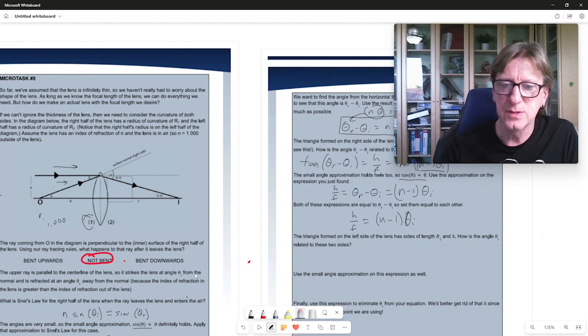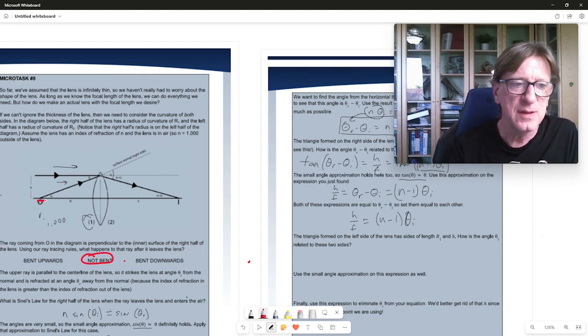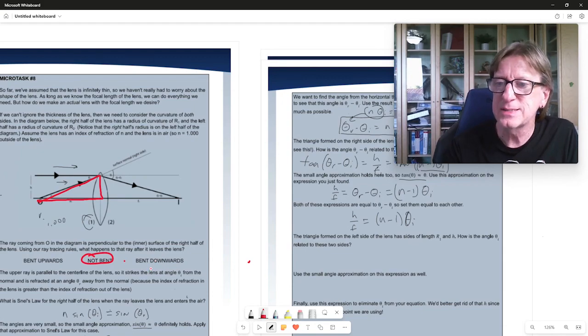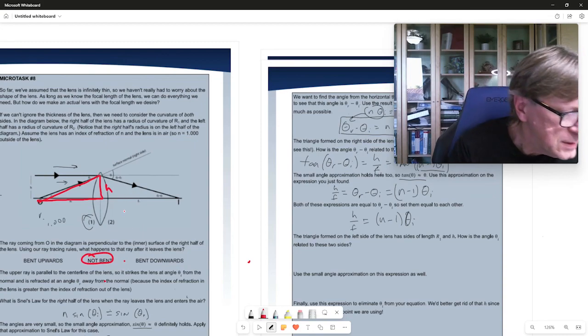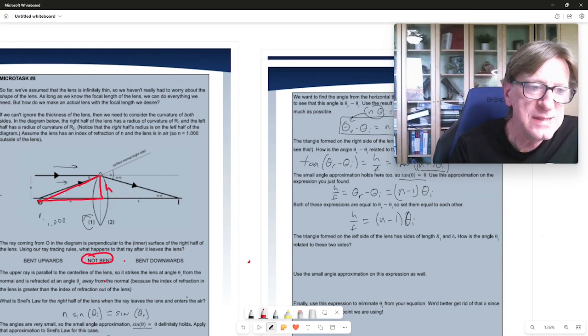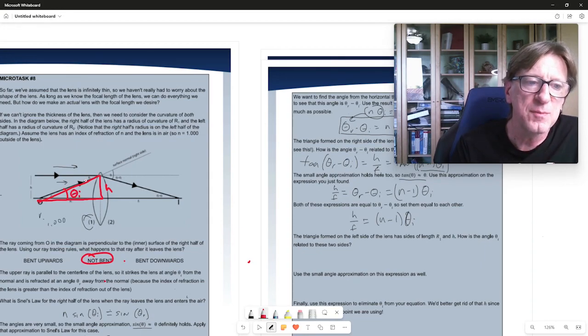Now let's clear this out so that we can see it. Now the triangle on the left side is this one, right? And its sides have length R1, the radius of curvature of this side, and then this is also going to be H from here. Okay, so how is that going to be related to this angle right here? Now this angle is theta i because this angle is theta i.